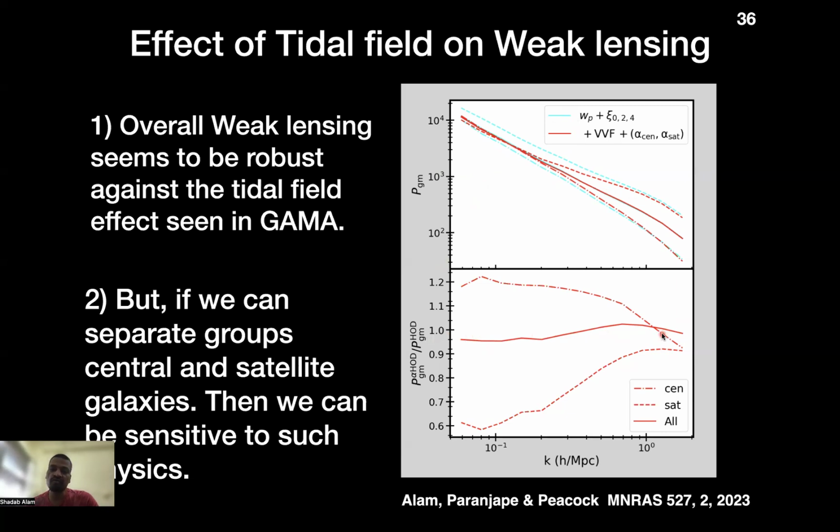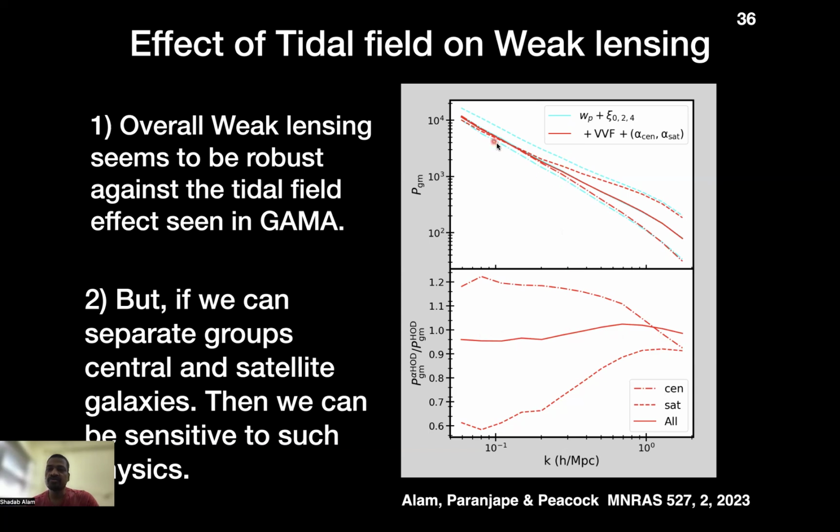This means the overall weak lensing of the magnitude limited sample at low redshift is actually not going to be sensitive to the kind of effects I showed you, where we already have signal from galaxy clustering and RSD. And so that's a good thing from the cosmology interpretation point of view, but it's not so good from the galaxy formation physics point of view.